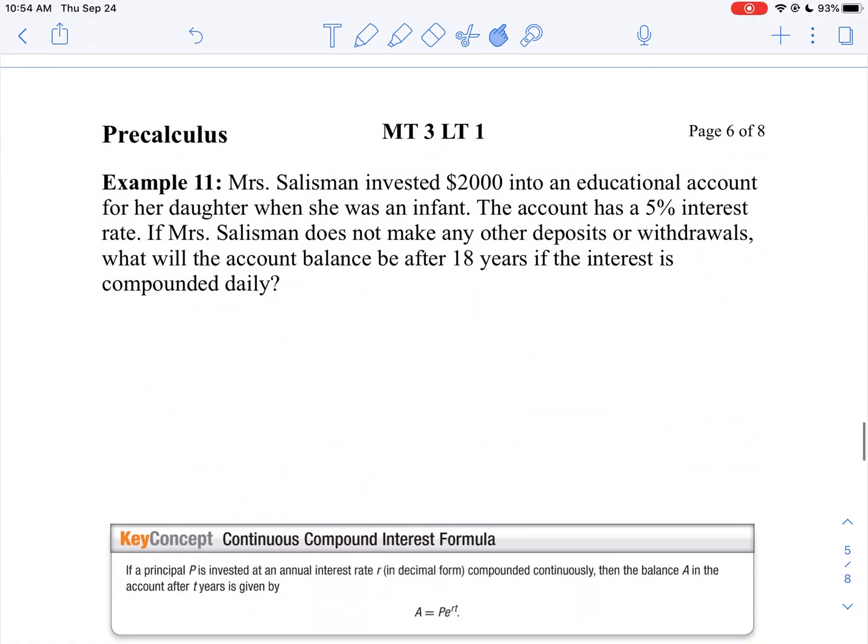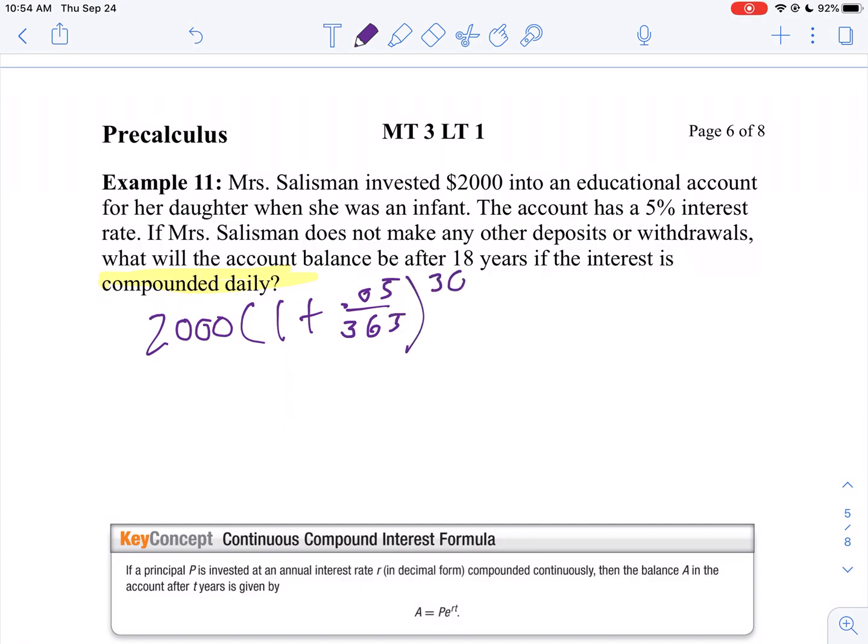And finally, on example 11, the only difference is we're going to compound that daily. So we're going to say 2,000 times 1 plus 0.05 divided by 365, raised to the 365 times 18. I think I'm just going to put this all in the calculator this time.